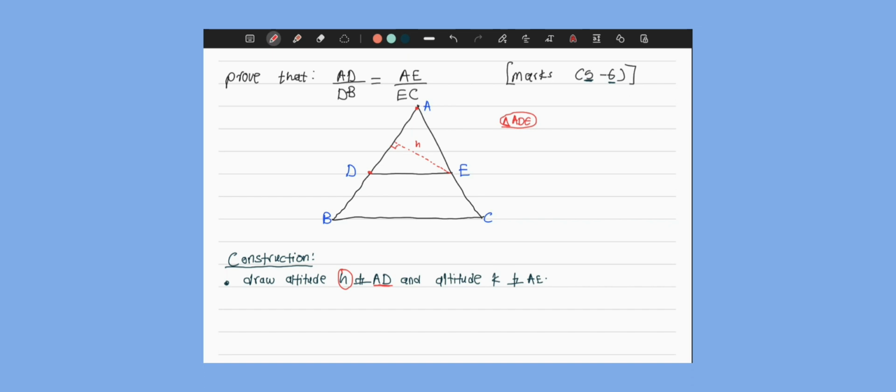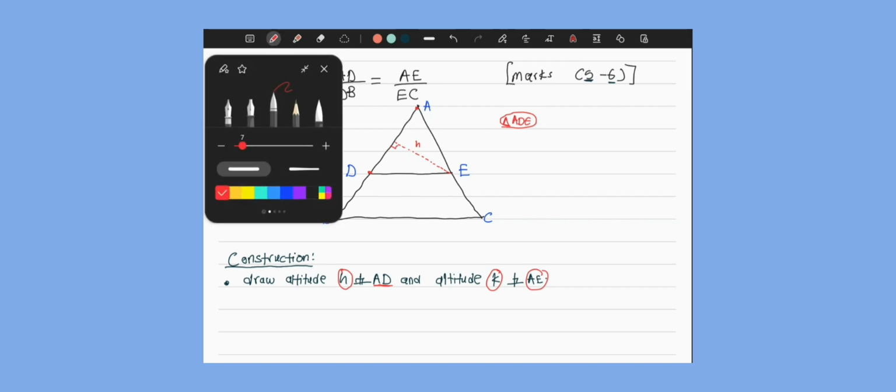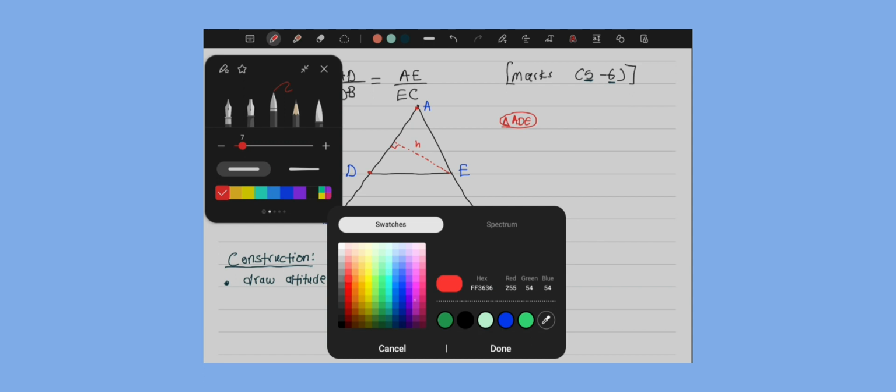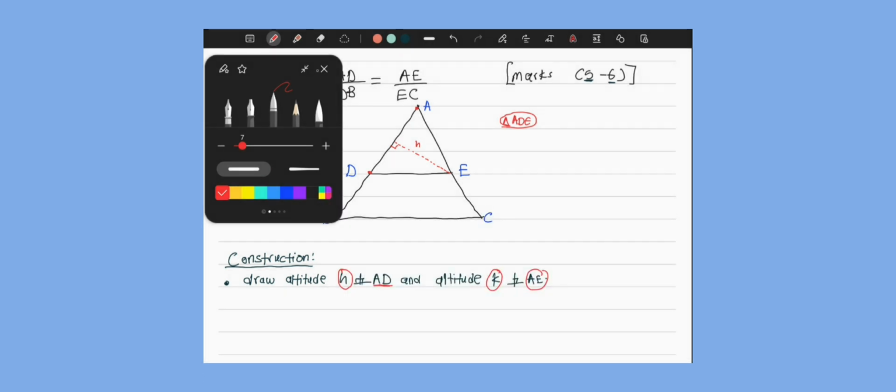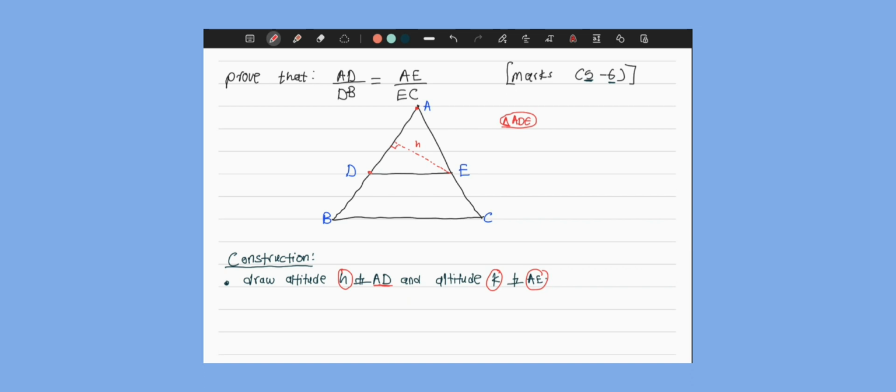Then the next one, I'm going to draw another altitude, which is K, and K must be perpendicular to this line AE. I'm going to draw it from the point D, pointing to the line AE.